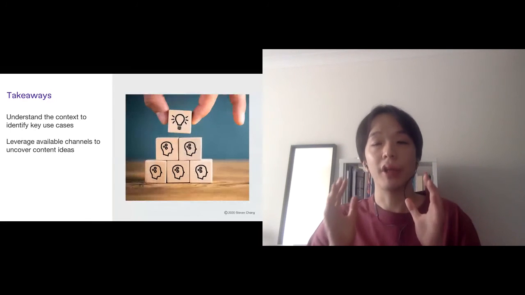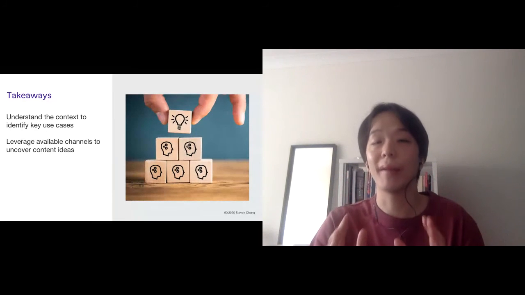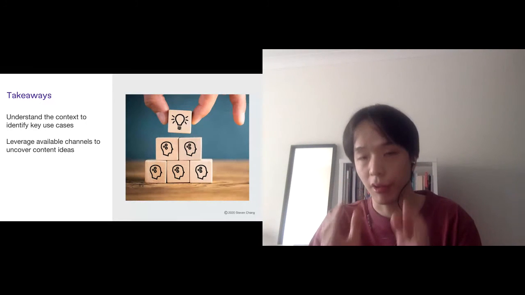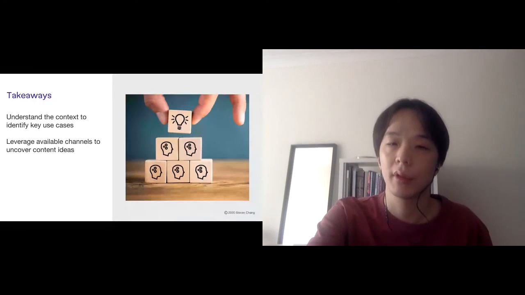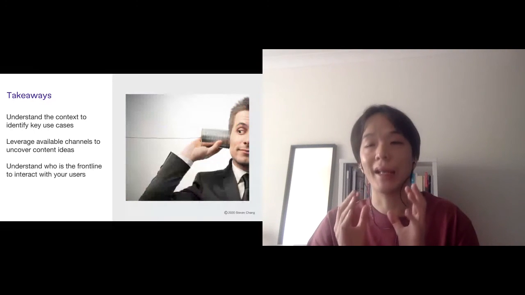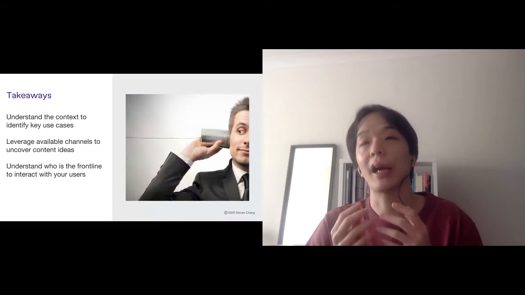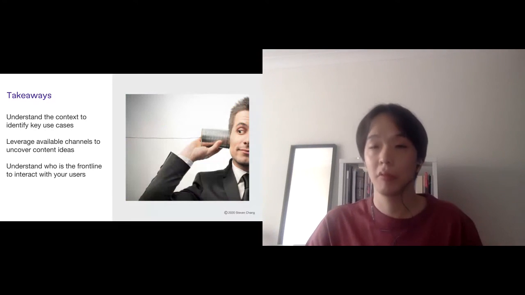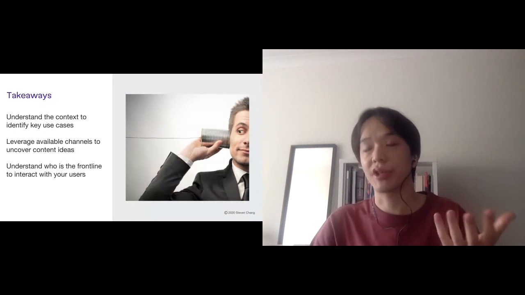Then you can narrow it down to leverage all the available channels to gather more in-depth insights about your users. In this process, remember to figure out who is at the forefront of interacting with your users. It's either a customer support team, a bartender, or even a barista.